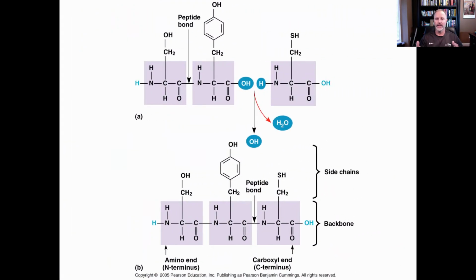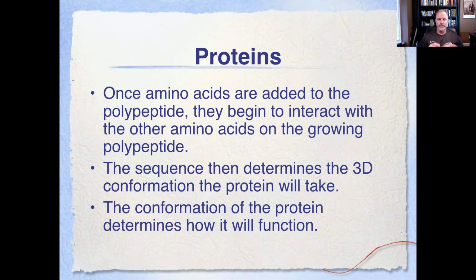So here it is again, the same picture we looked at earlier, and this is something that you want to make sure that you're able to do, which is why I'm reiterating it and going over it again and again with you. Okay? So if you look at these amino acids, as they begin to get added to the growing peptide chain, they begin to interact with one another.